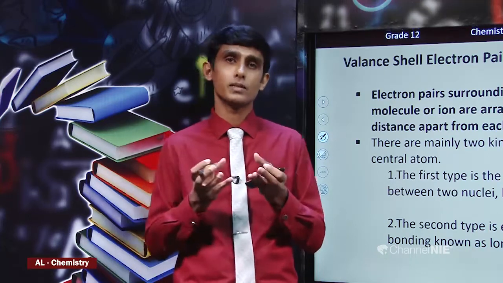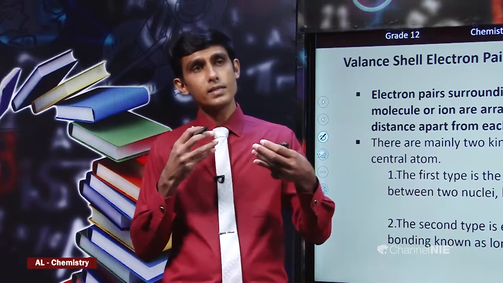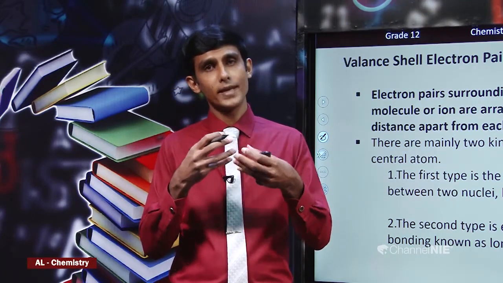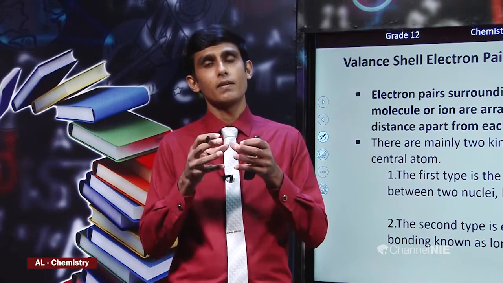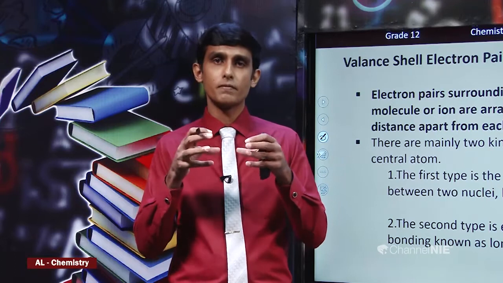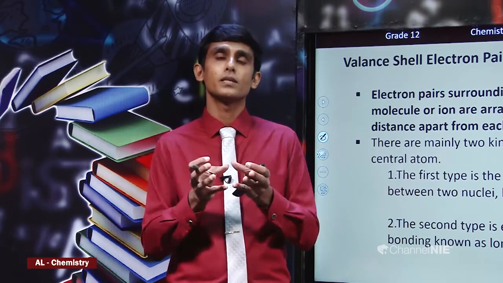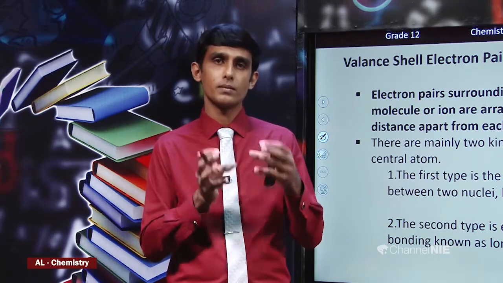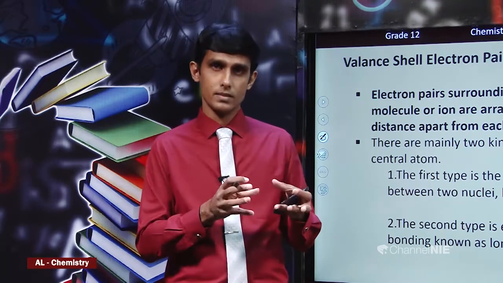Minimum repulsive means the arrangement where these electron pairs are located as far as possible, further away from each other. That arrangement is the shape that particular ion or molecule gains.